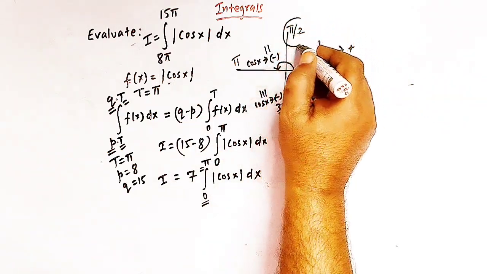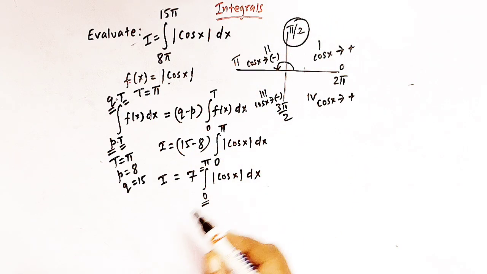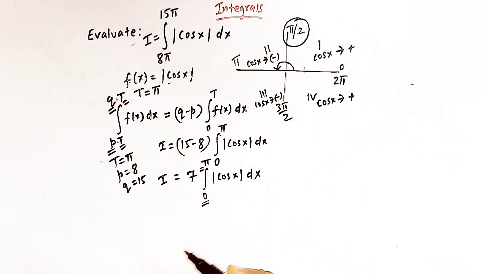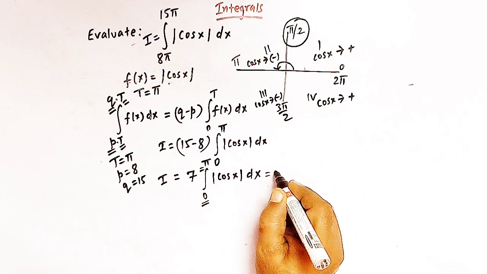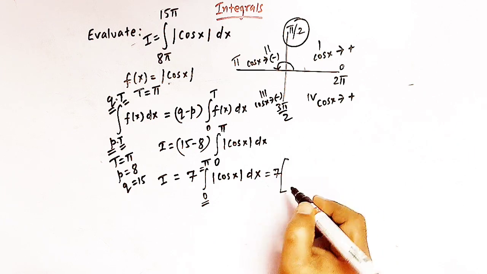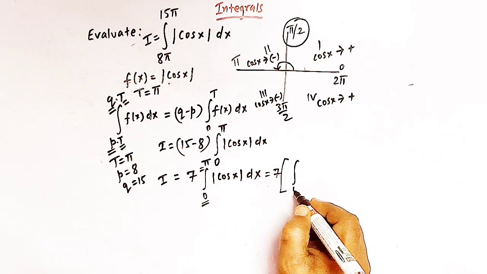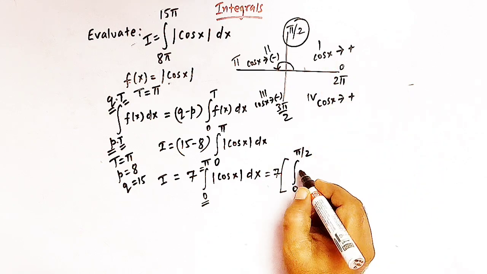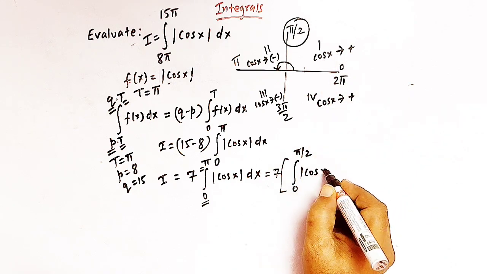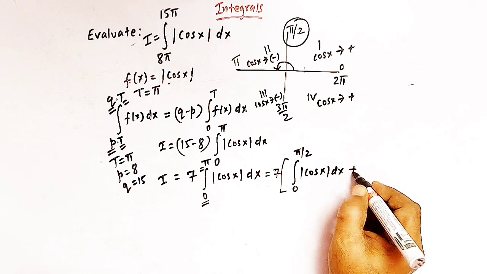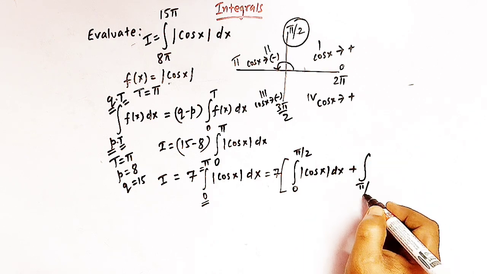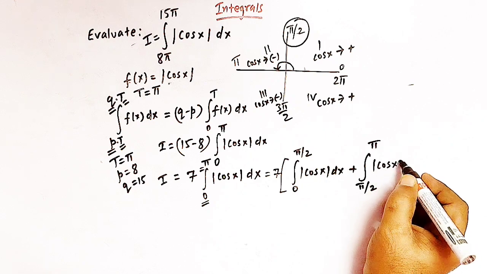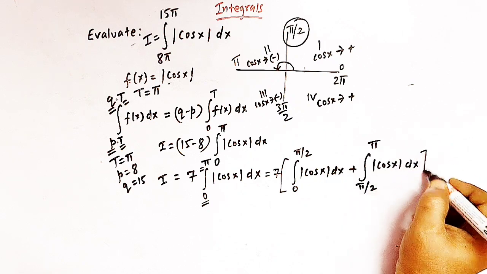So at this point, that is pi by 2, we have to break this integral into two parts. So we write the first integral from 0 to pi by 2, where the cosine function is positive, so here we have mod of cos x dx, and the second integral is from pi by 2 to pi, and here we have mod of cos x dx.